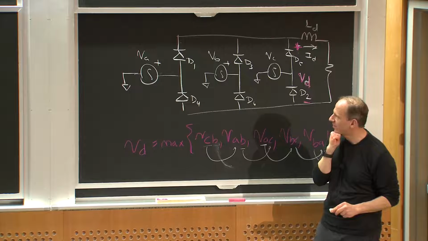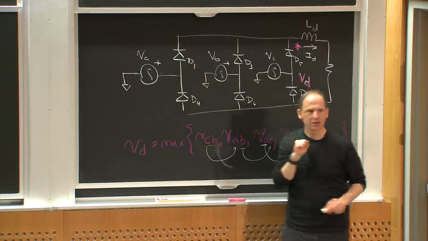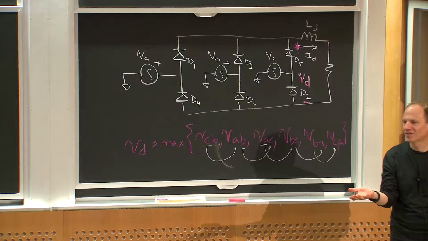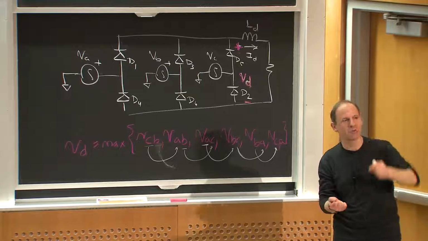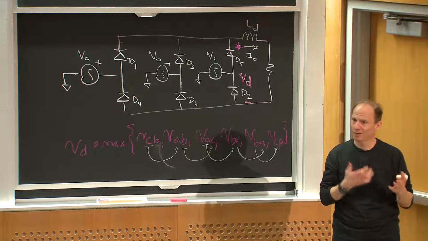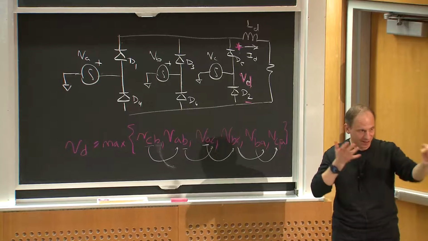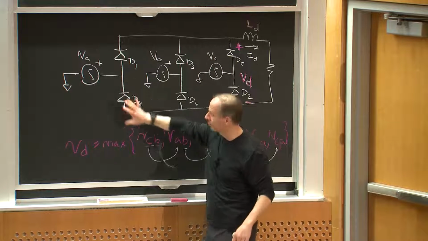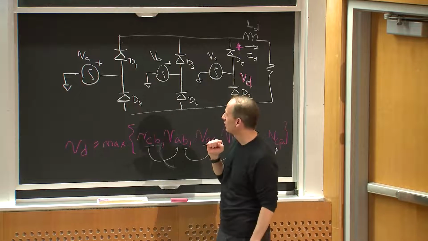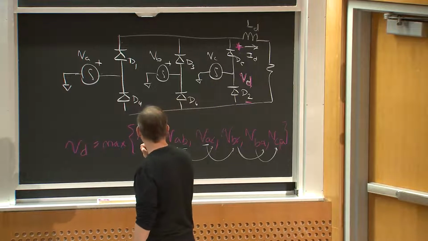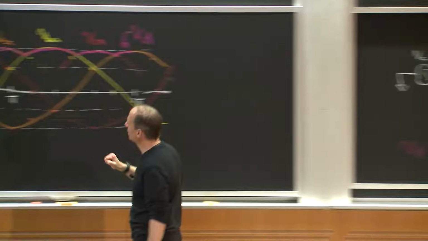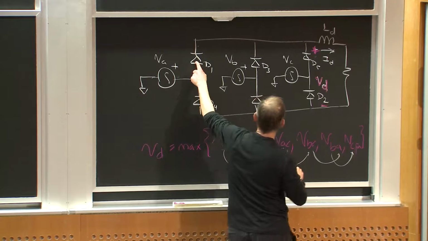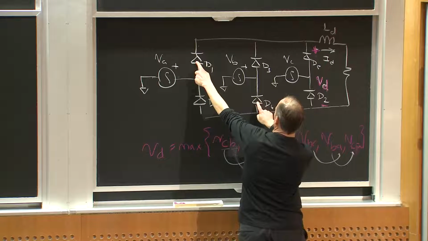And then the other thing that's happening is these diodes are numbered so that they go sequentially. Why do I focus on this? Because if you're poking scope probes into one of these circuits, you want to know which one is going to conduct next. So you number your diodes, and in different circuits you might number your switches, such that they conduct sequentially. For example, when VAB is at a maximum, right here, I have D1 and D6 conducting.